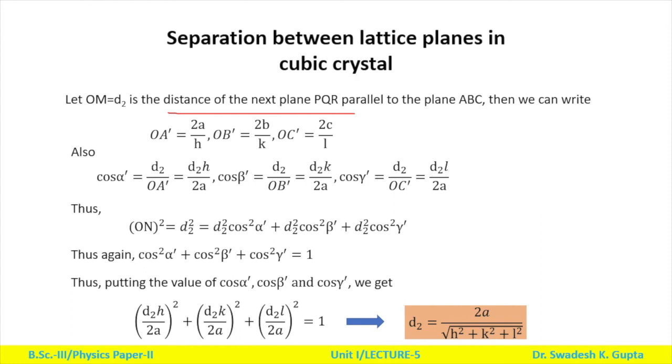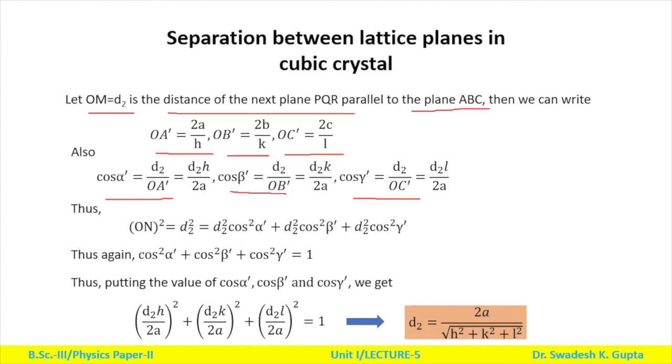Now let's say we have another plane PQR parallel to the plane ABC, and its distance from the origin is d2. Then just like before, we can have OA dash, OB dash and OC dash, and we can also get cos alpha dash, cos beta dash and cos gamma dash in a similar fashion.